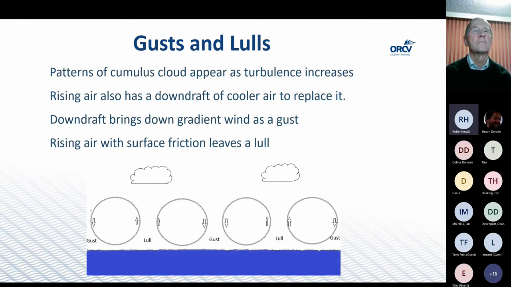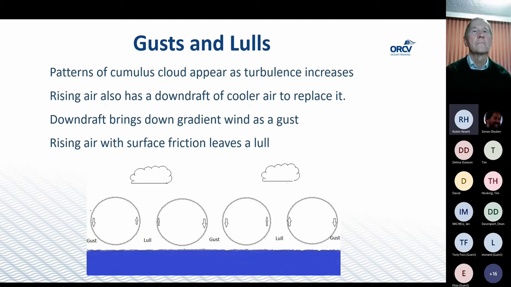But the air that's going up has come from the ground. It's not only warming and going vertically up, but it's been friction modified so that it's a lot less speed. Whereas the air coming down from aloft is much, much faster because the aloft air is a half or 1.25 times faster.